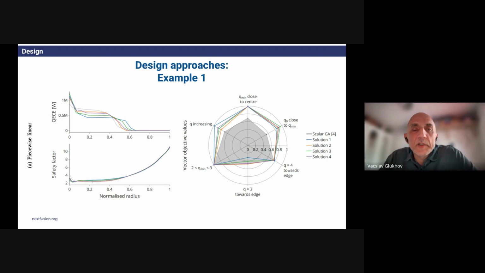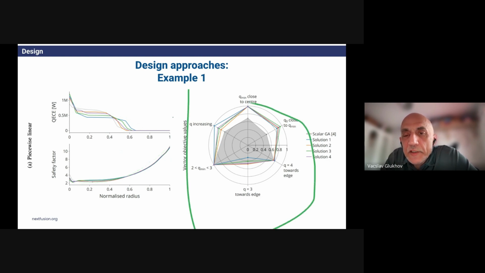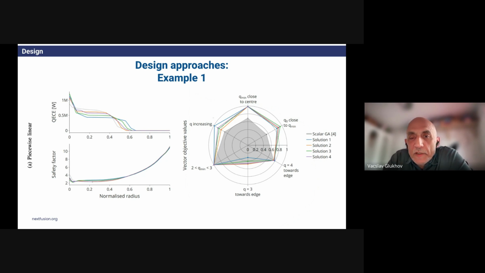What they want to control is electron cyclotron heating. They use different profiles of that heating to achieve different profiles of the safety factor. And this is a chart that shows how well they actually achieve their objectives. We do see that they achieved their objectives pretty well in some areas, but in these areas it's not very well achieved.